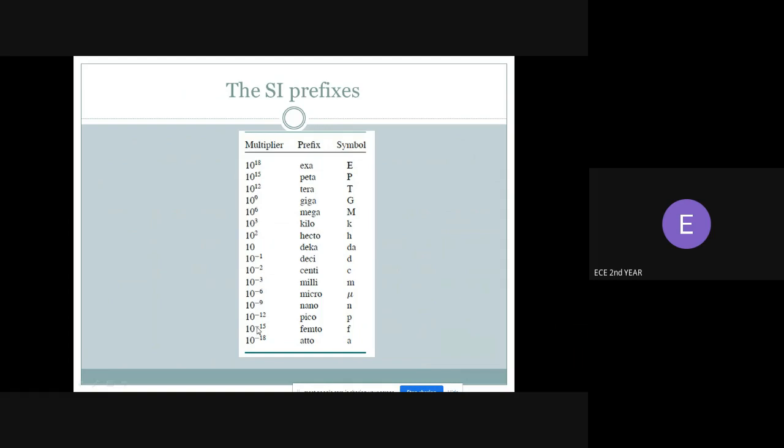Then 10 to the power minus 15 is femto, small f, and 10 to the power minus 18 is atto, small a.